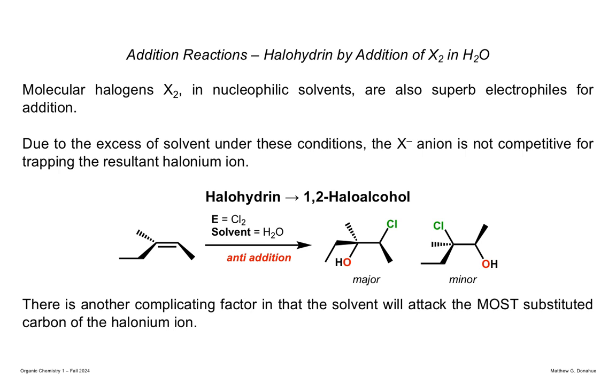So we saw last time we can add halogen using molecular halogens such as chlorine, Cl2, or bromine, Br2. Each atom of the alkene gets the same halogen X group. That was in a solvent that's non-participating.